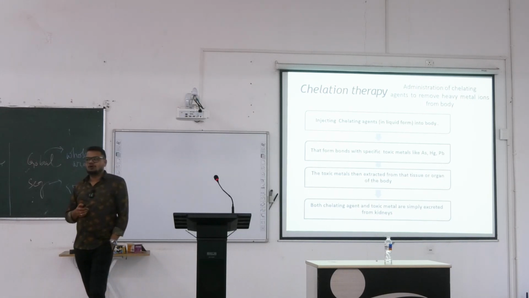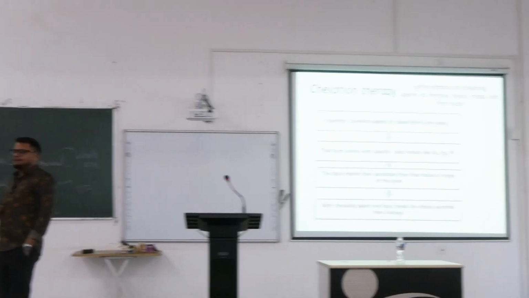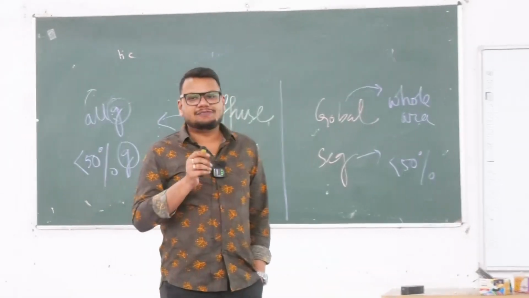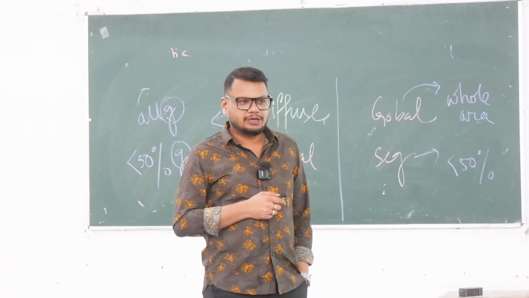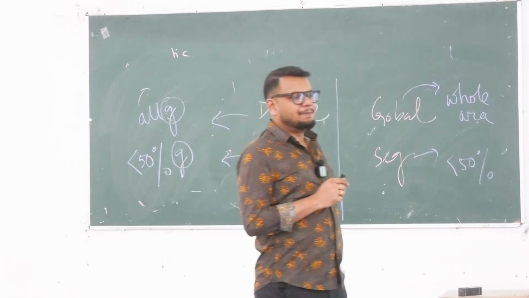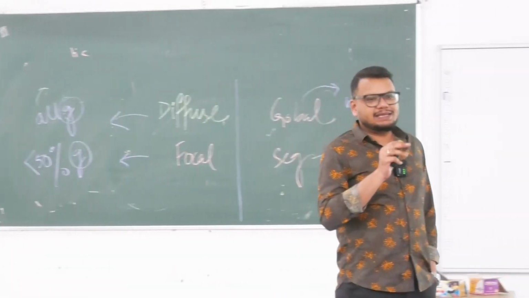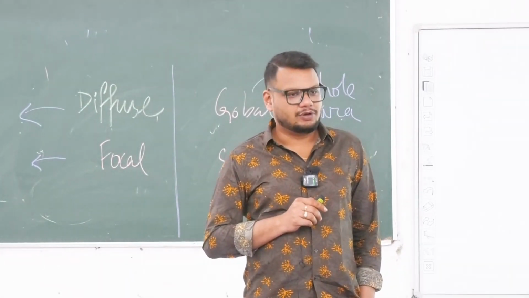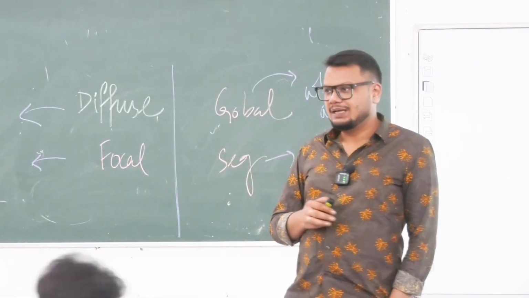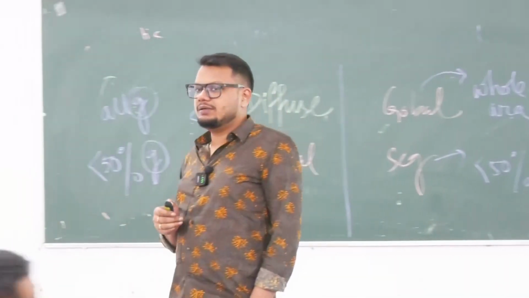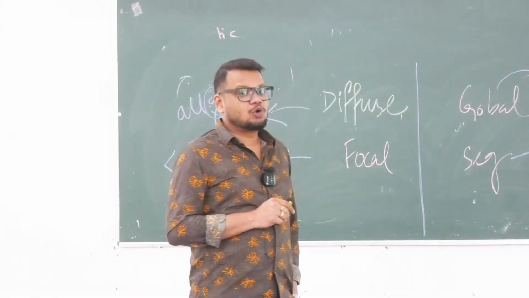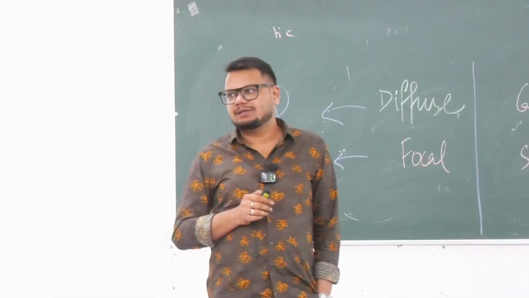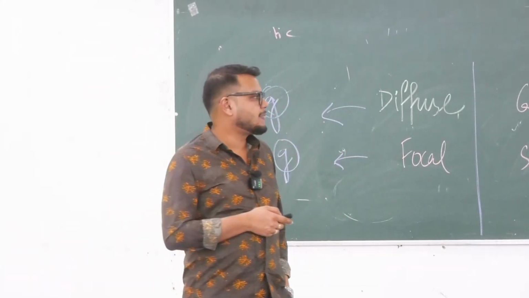Okay, so who is prone to heavy metal poisoning? For example, a worker in a lead factory, a miner in an area known for arsenic abundance. So arsenic poisoning, lead poisoning, mercury poisoning, copper poisoning: chelating agents are mainly used in these particular cases.